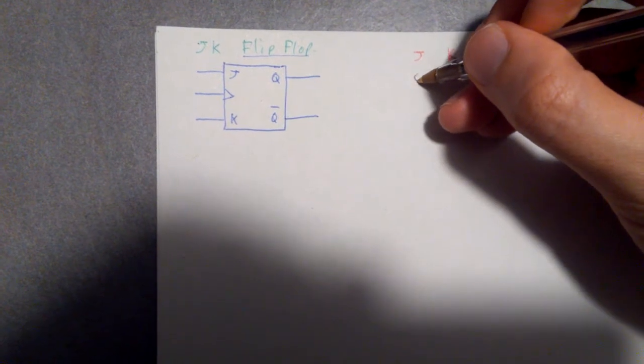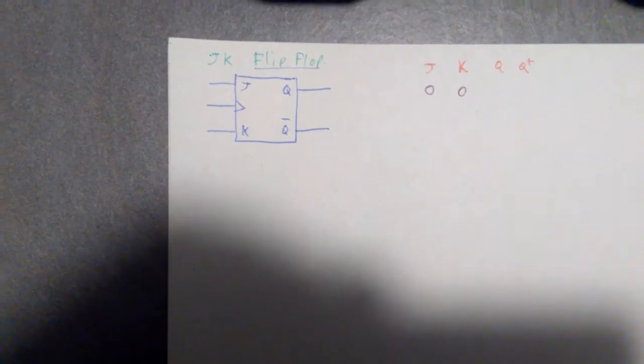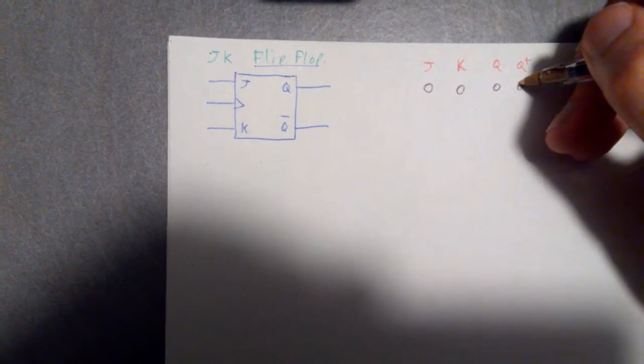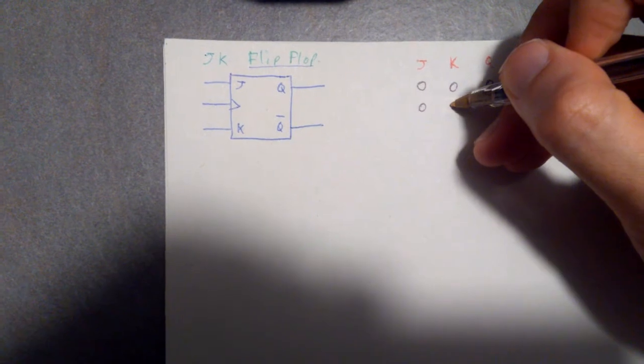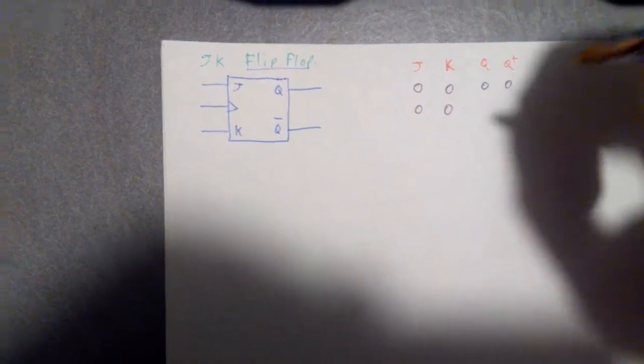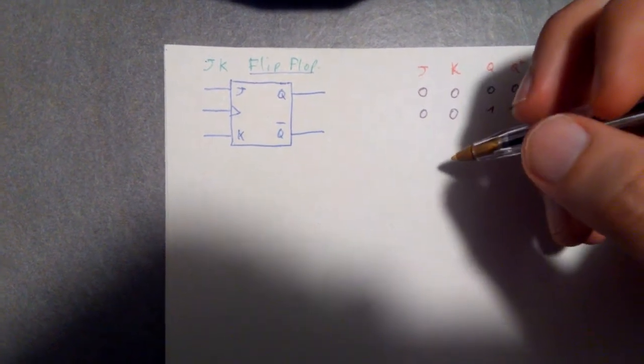If we set J to 0 and K to 0, then Q is 0 and Q plus is 0. If Q is 1, Q plus is 1.